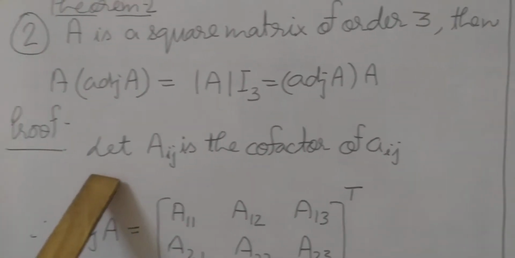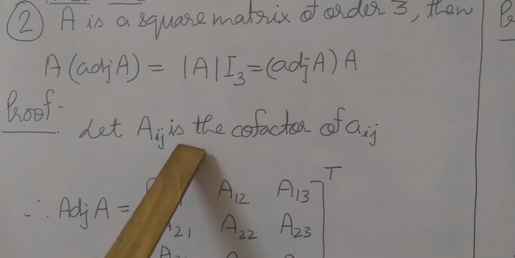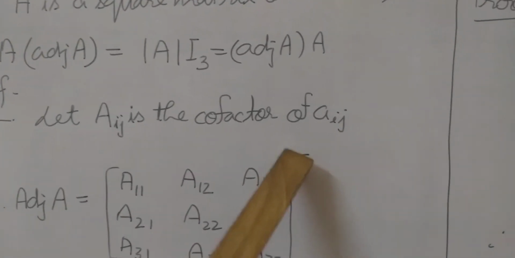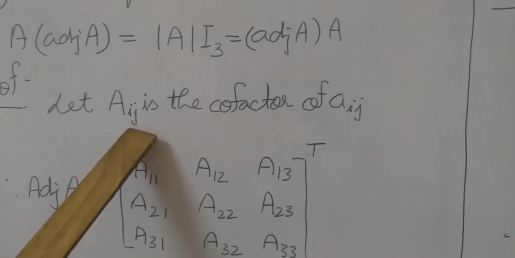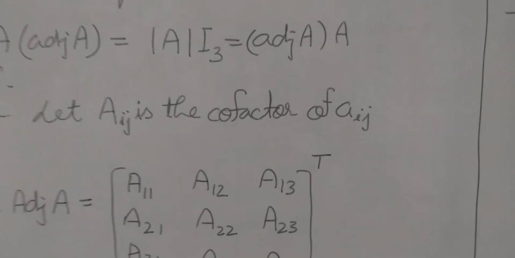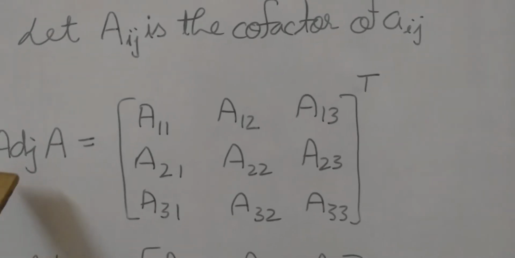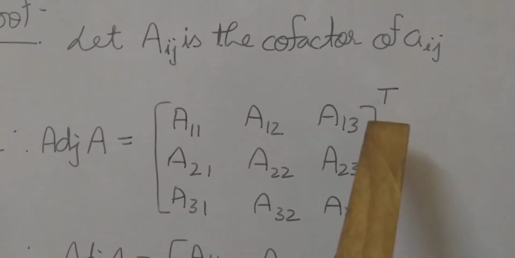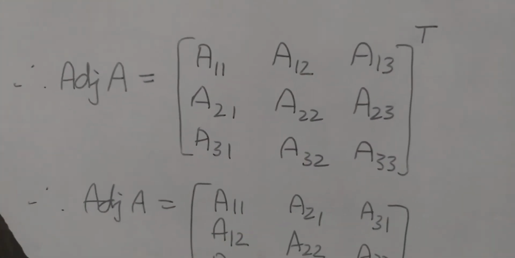So students, let us prove. Let capital A_ij be the cofactor of a_ij. a_ij is the element and capital A_ij its cofactor. Correct? And students, we know very well that adjoint A is the transpose matrix of cofactors.